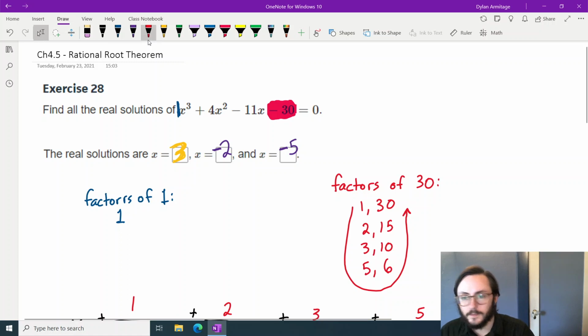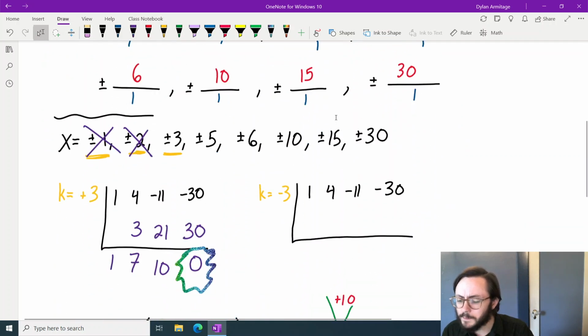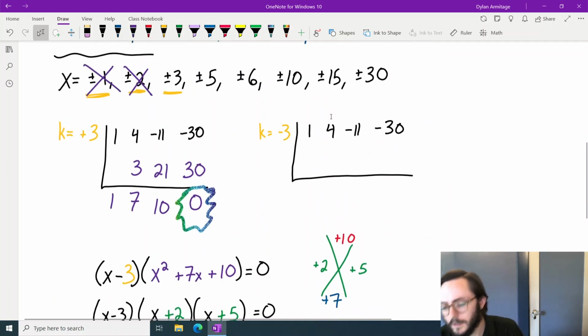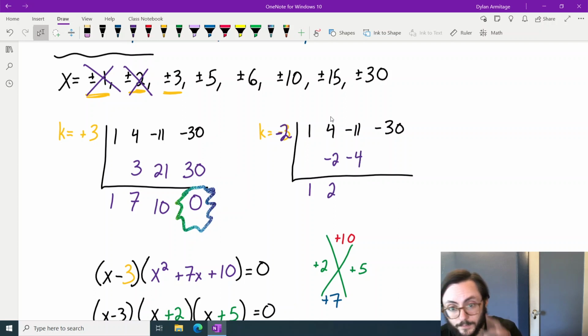Okay. Now, if you're fine with that, you can stop the video here. I'm going to test negative 2 and see what I messed up on. Okay, so let's make this a negative 2. Bring down the 1. Negative 2 times 1 is negative 2. 4 plus negative 2 is positive 2. Negative 2 times positive 2 is negative 4.